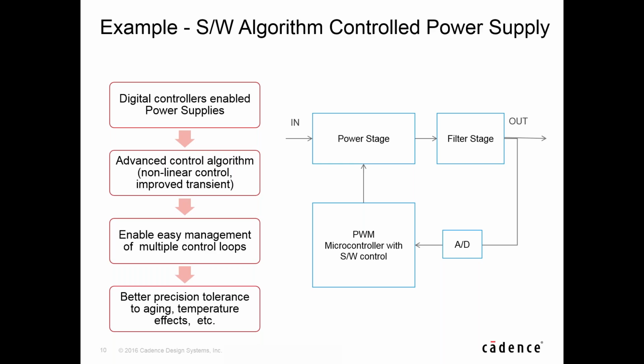Okay, so now with the ability to do mixed signal simulation in PSpice, this can be achievable. So this will allow you to model that power supply not only under fixed conditions, but under variable conditions like temperature variation, time variation, and aging of that circuit. It also could enable you to have a single power supply that you can vary to manage multiple control loops.